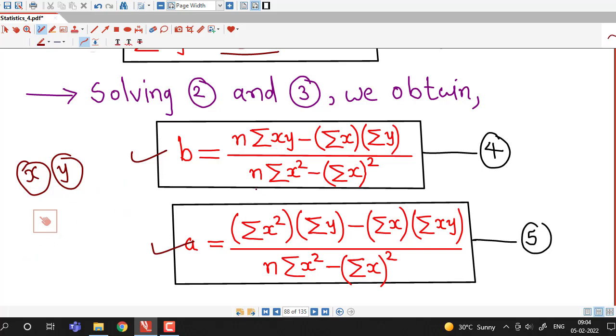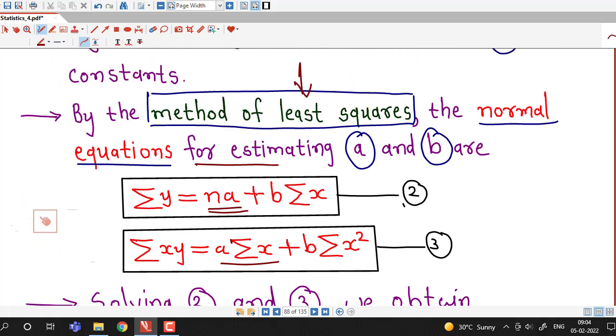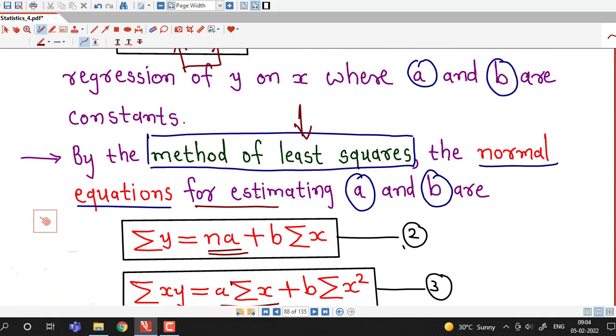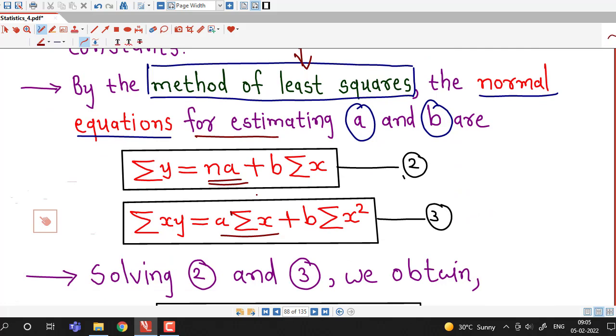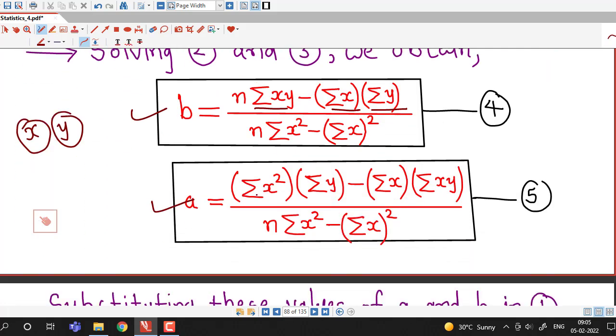But if values of x and y are large, then this method becomes tedious. It is not comfortable to obtain this type of summations if values are large. So in that case, we have another method that we are going to discuss. But if you are told to use the method of least squares, then you have to use this method only.